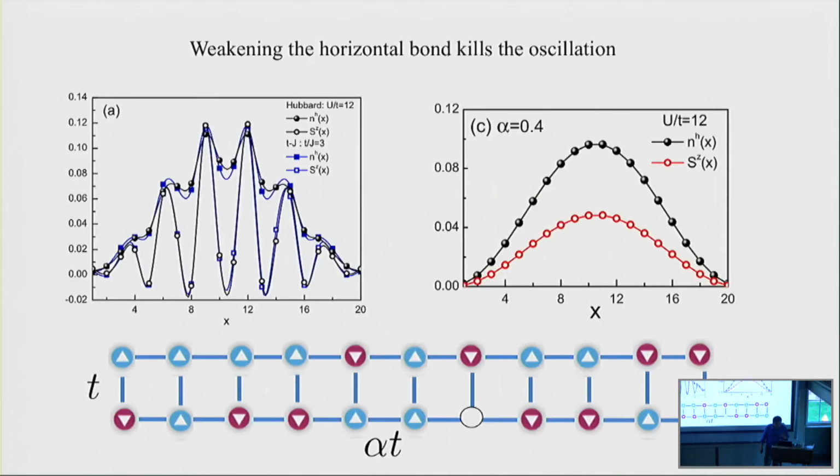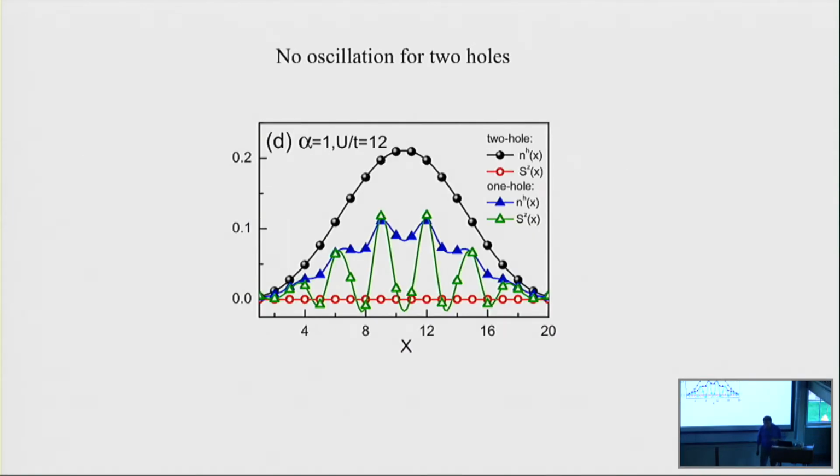So what happens if we dump two holes in? Here's a typical situation. If I have one hole, this is the spin density, and also the total density. But once I put in two holes, everything is very smooth, and this continues for arbitrary lengths that you can find.